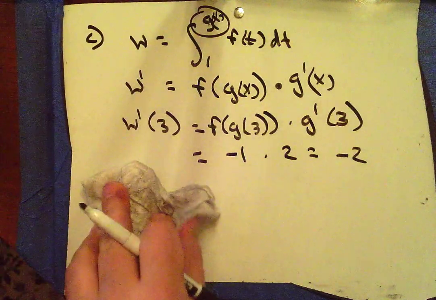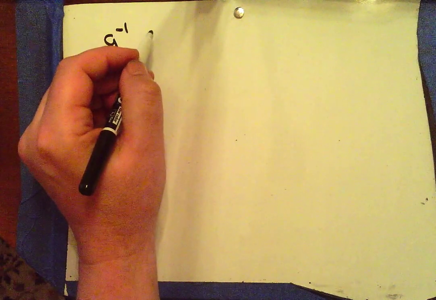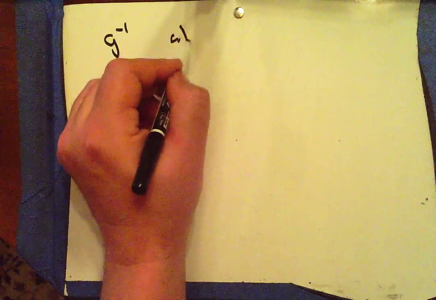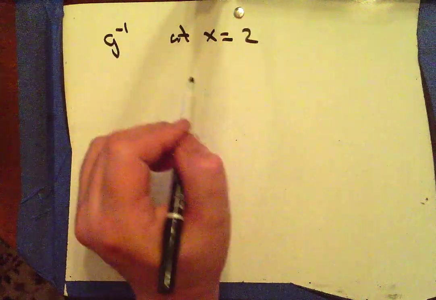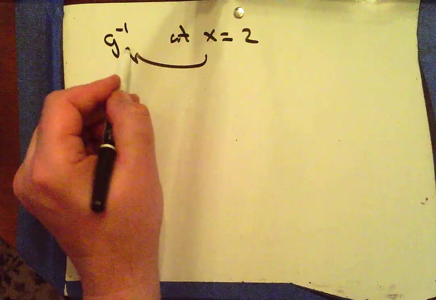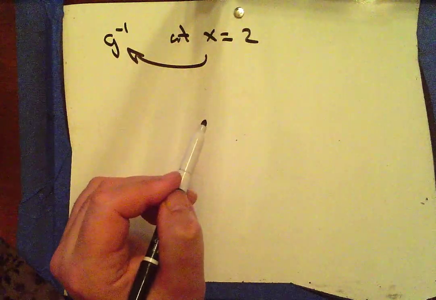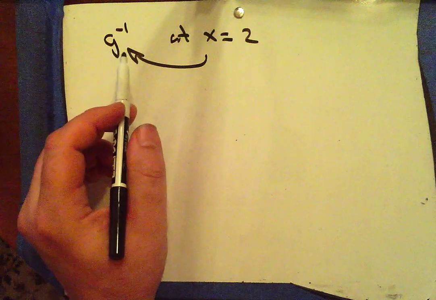Okay, what about part D? Part D, g inverse is the inverse of function g. And we want to write the tangent line at x equals 2. Tangent to this graph, not tangent to g, tangent to g inverse.